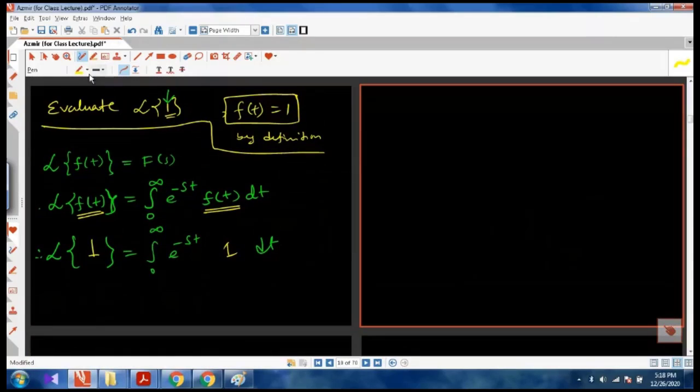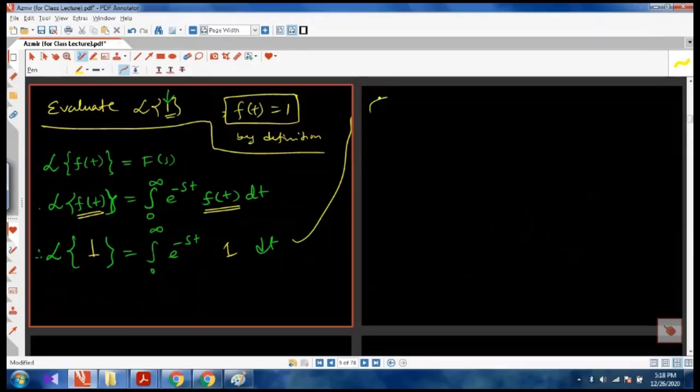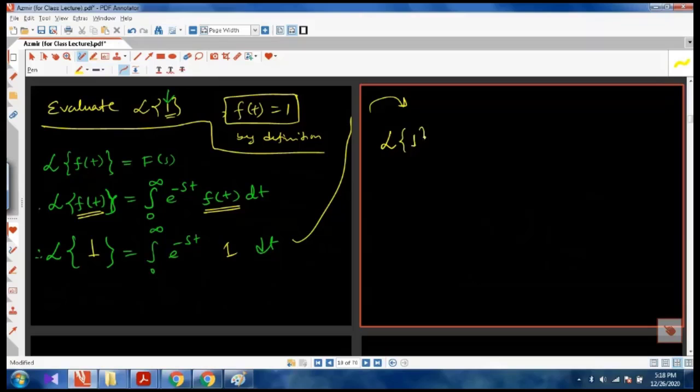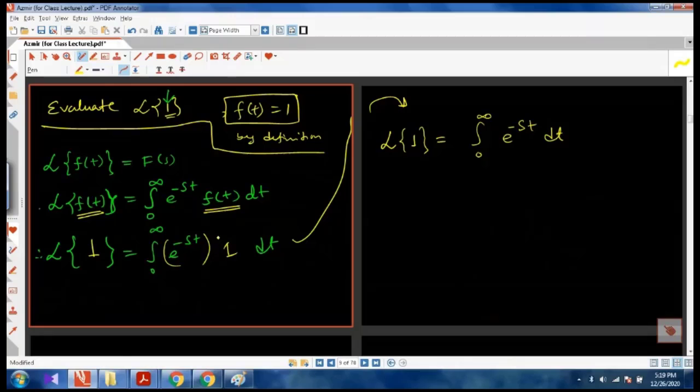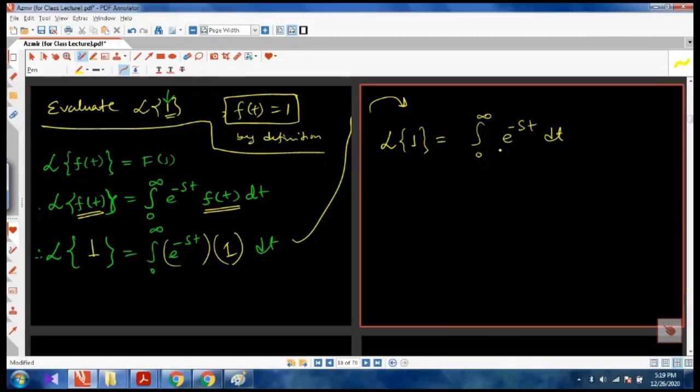So let's try to solve it. The Laplace transformation of 1 is equal to the integral from 0 to infinity of e to the power minus st dt, because if we multiply e to the power minus st with 1, we get the same thing.